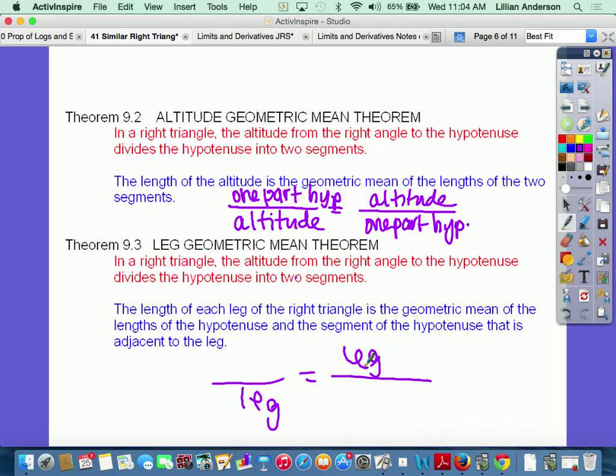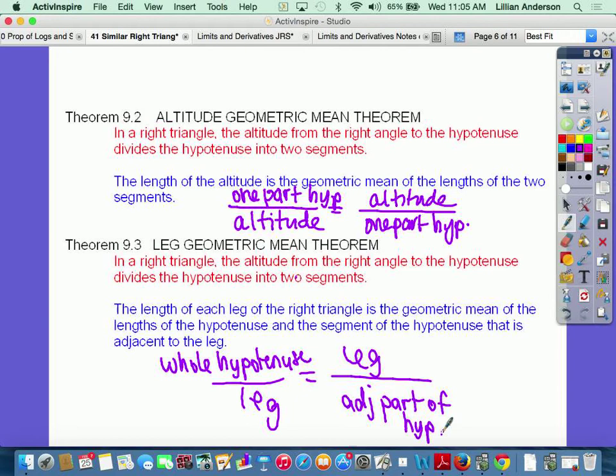And the other two spots represent the length of the hypotenuse, so the whole length of the hypotenuse, and the part of the hypotenuse that's adjacent to the leg.